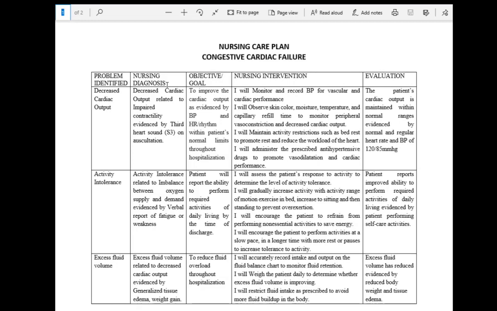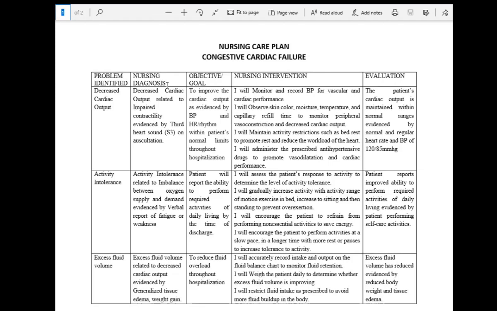Then we go to our nursing intervention. How are we going to improve or maintain a good cardiac output? First and foremost, we are going to monitor and record the blood pressure for vascular and cardiac performance. So here monitoring the blood pressure will show us how the heart is performing.